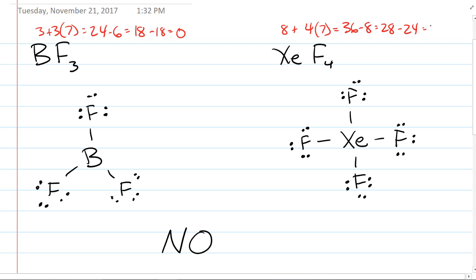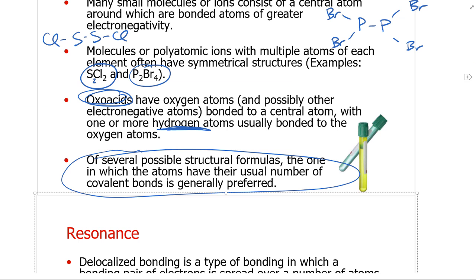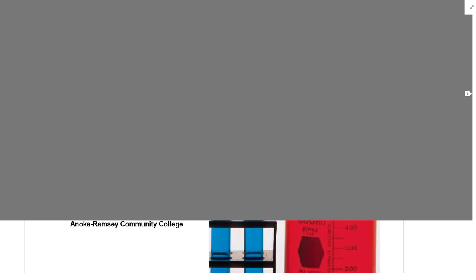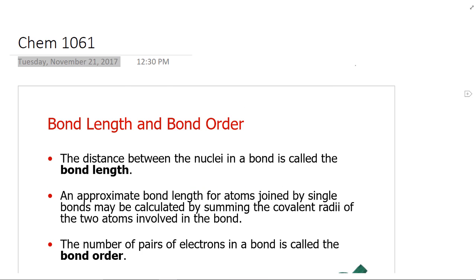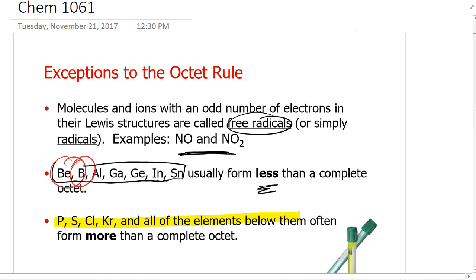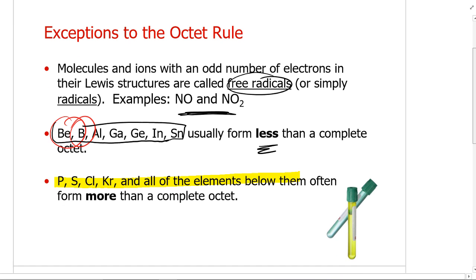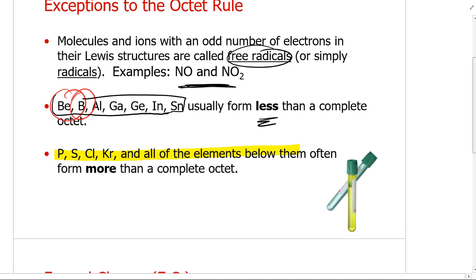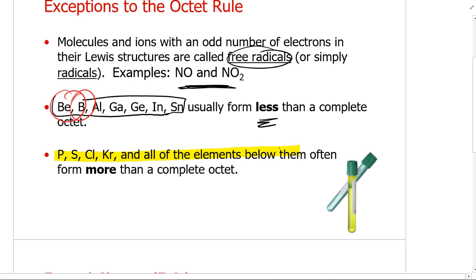We used up 24, which means we've got 4 left to go. So where do the remaining 4 dots go? They will not double bond. Xenon can have more than 8, but fluorine cannot. Okay, so xenon is one of them that is capable of having more than a stable octet.